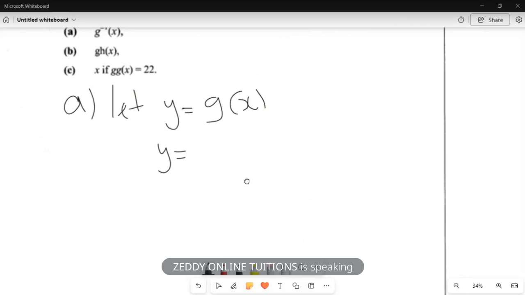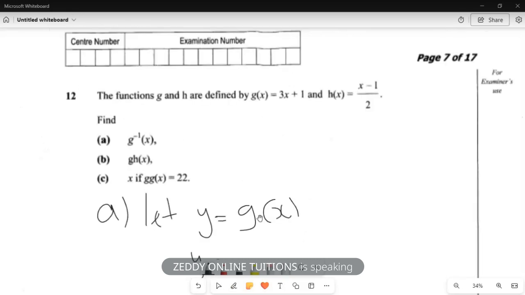What is G inverse of X? Since G of X is 3x plus 1, and we want Y to be equal to this. Now, since this is equal to that, we have to replace where there's G of X with what?